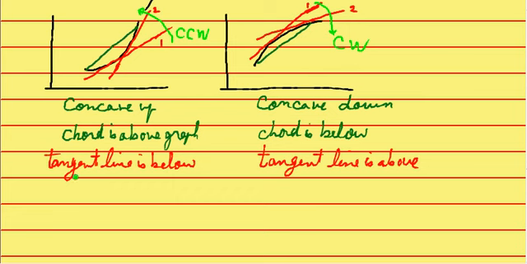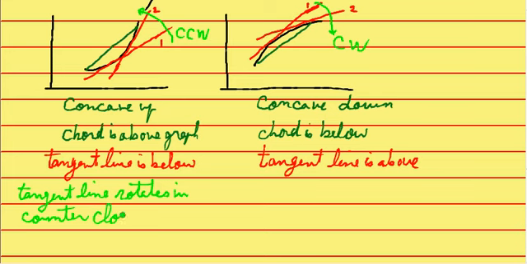So let's write that down. Tangent line rotates in counterclockwise fashion or direction as we go from low x to high x.